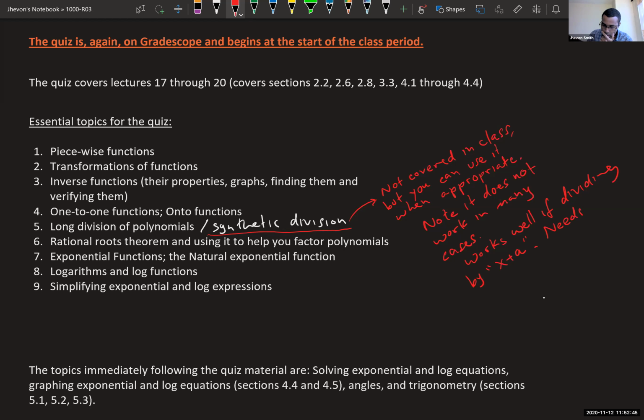Needs to be modified if dividing by something like ax plus b where a is not 1, and does not work otherwise.